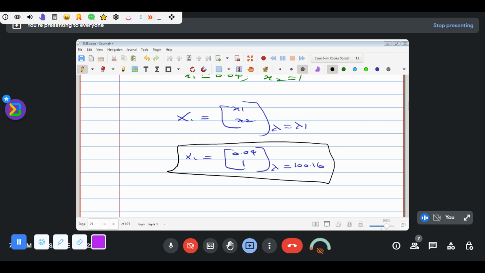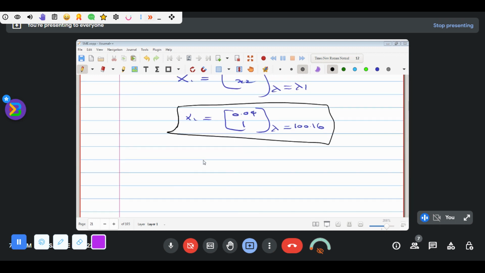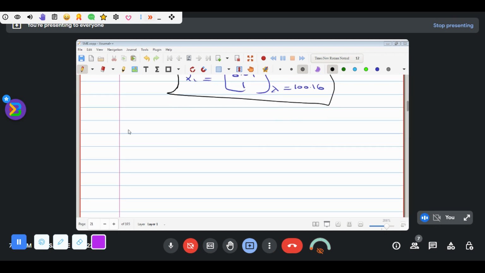Similarly, we can find the second eigenvector. So what is the second case? Same process, but only lambda is replaced. What is the second lambda value? 0.84. Just put that 0.84 in the equation star. Then what is the result here?